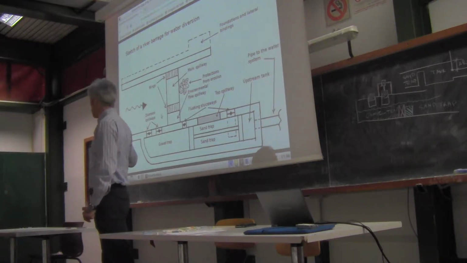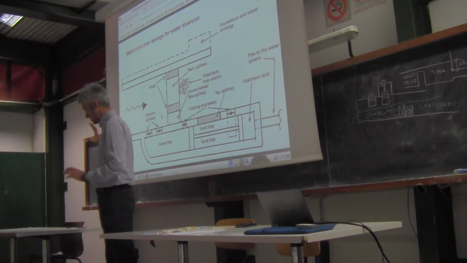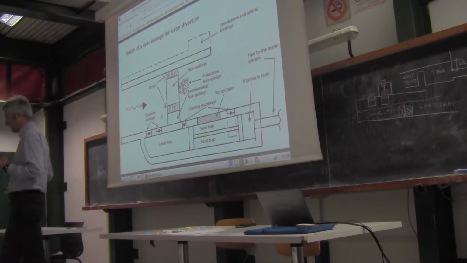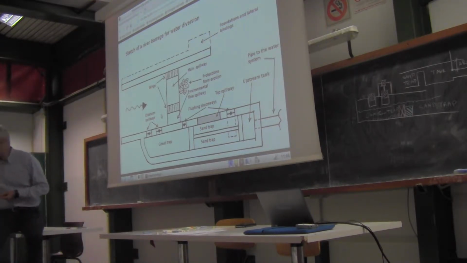It's important to consider, and this is an extremely important issue, the impact of the structure, the environmental impact. And even more important is the induced risk of flooding upstream.